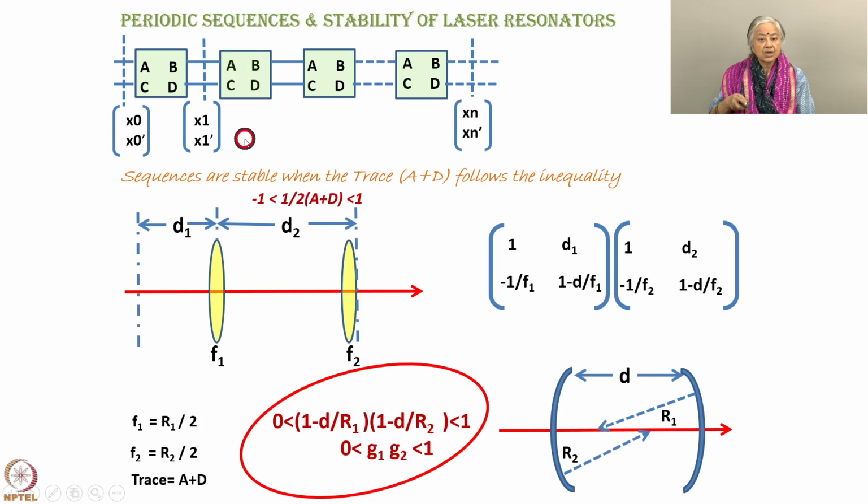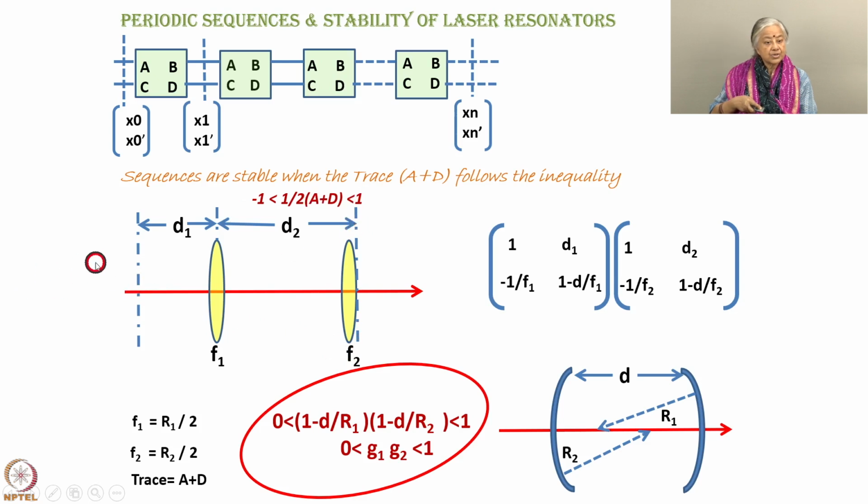So, once you have the relevant matrix, you can always add A plus D. Now, as an example, let us take a sequence of lenses. I have one lens with a focal length f1, then another lens with a focal length f2, and the dashed lines show the principal planes.